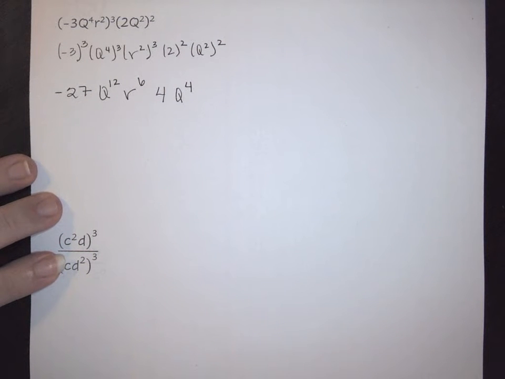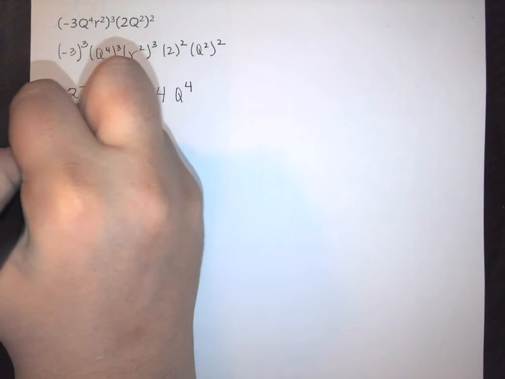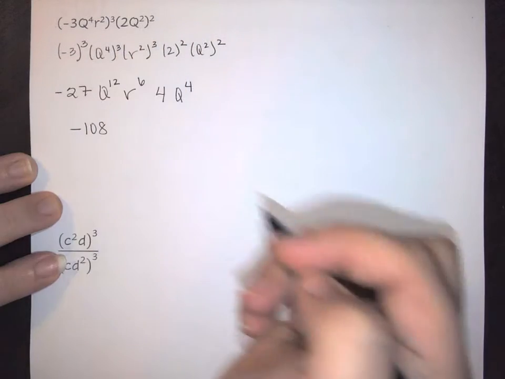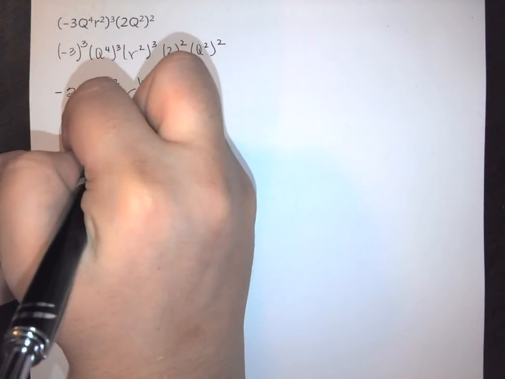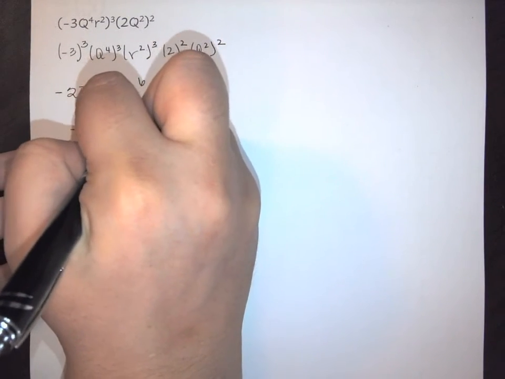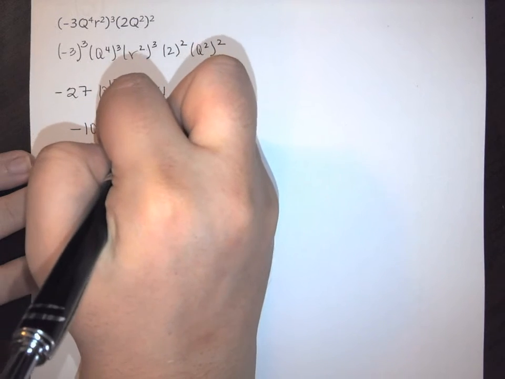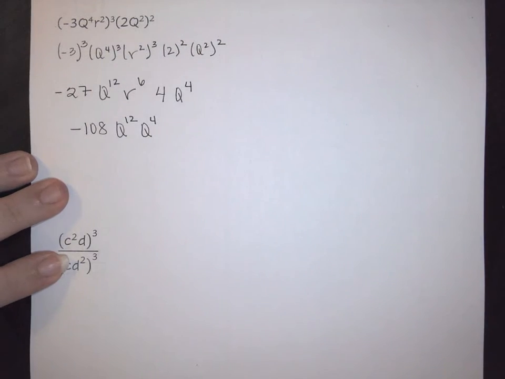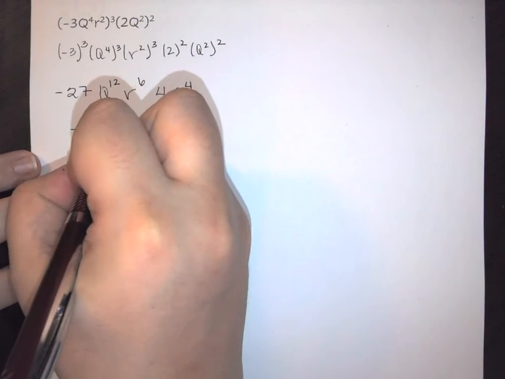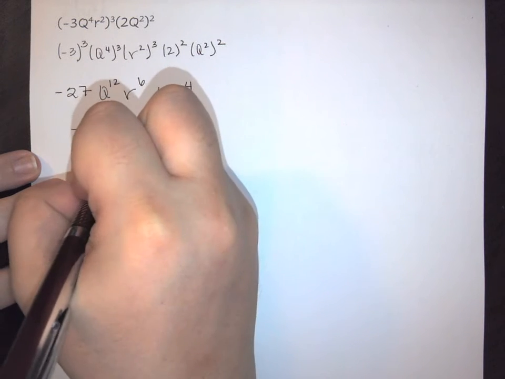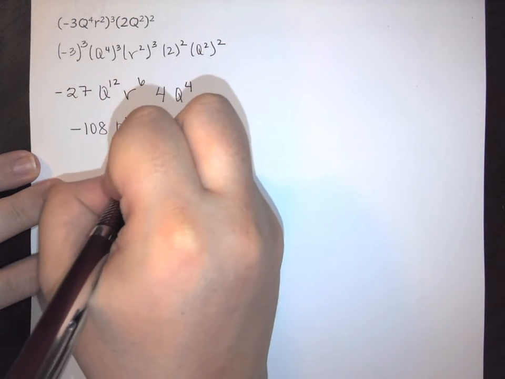We have to combine our terms, so we've got this -27 times 4 here. So this is going to be -108. And then I have q to the 12 and q to the 4. So what I have right here between my q's, this would be your product rule.